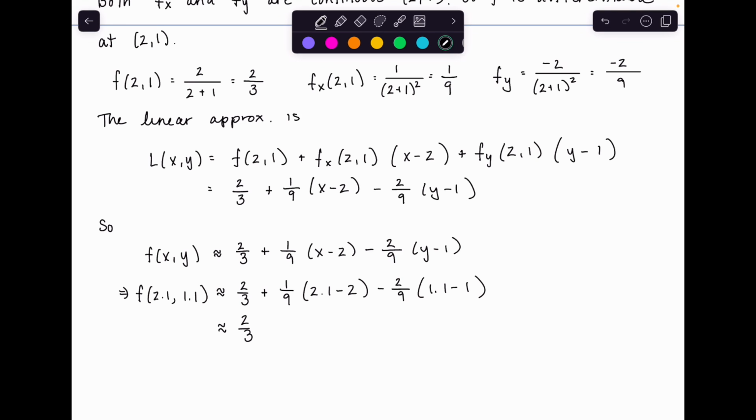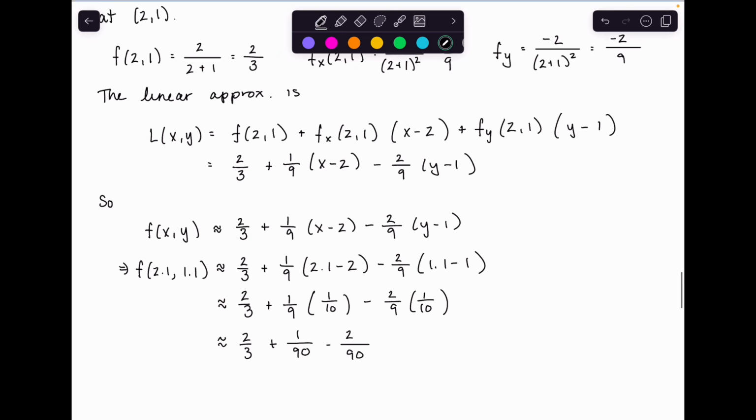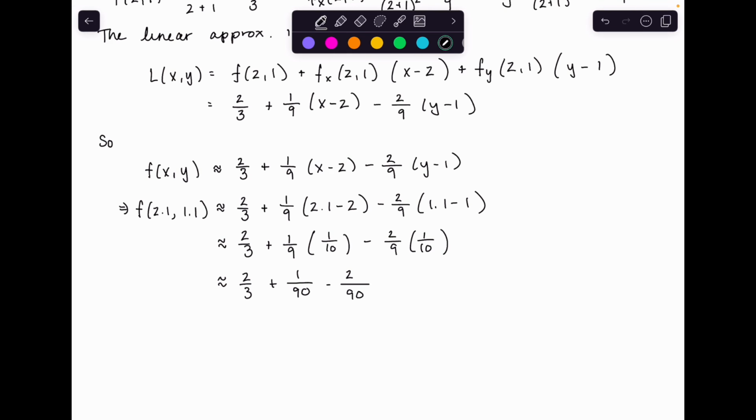So 2.1 minus 2 is 0.1. That is just 1/10. And same thing over here, 1.1 minus 1 is 0.1 or 1/10. So this is about equal to 2/3 plus 1 over 90 minus 2 over 90. And then I'm going to trust that you could condense these fractions.